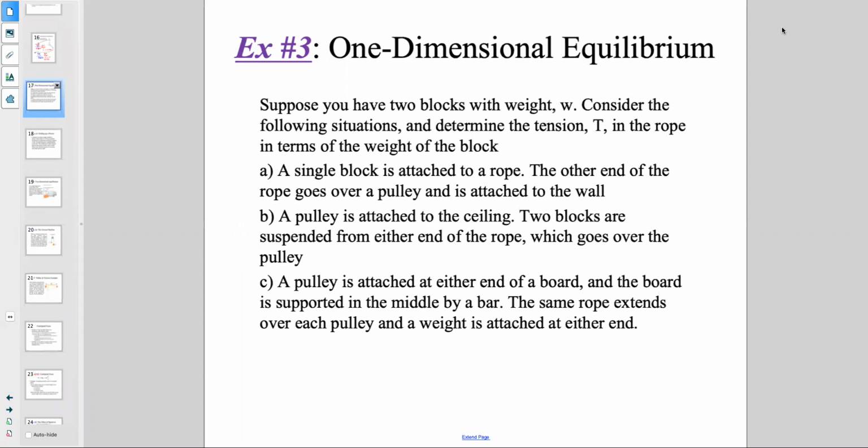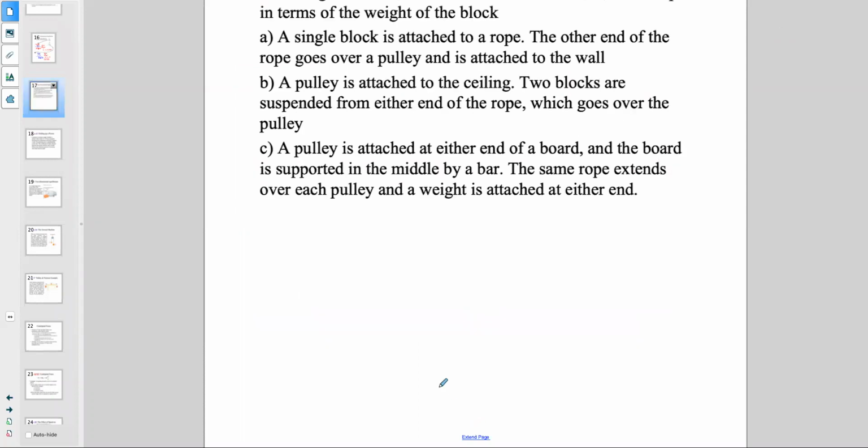So a single block is attached to a rope. The other end of the rope goes over a pulley and is attached to a wall. So in other words, what we have here is kind of looking like this. I have a block with mass of W, and it is attached to a pulley, and the other end is connected to a wall. So this is kind of where our wall is, okay?